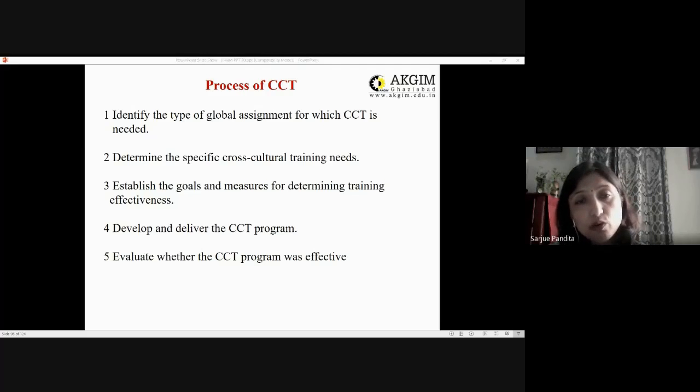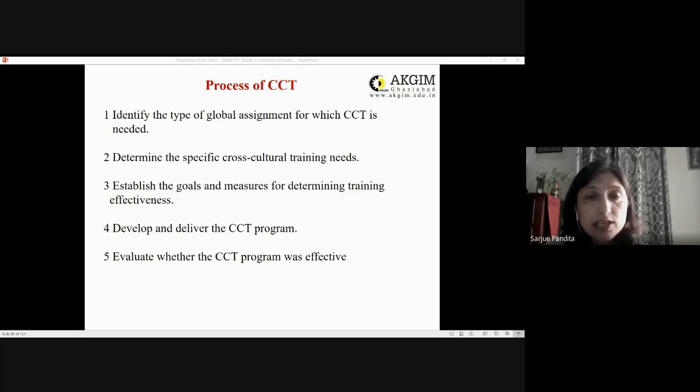And long-term goals, in contrast, will reflect the expected outcome of the expatriate assignment, such as cross-cultural adjustment, success of the assignment and all that. That means long-term would be the overall assessment of the assignment, right? But short-term would be at the individual level.